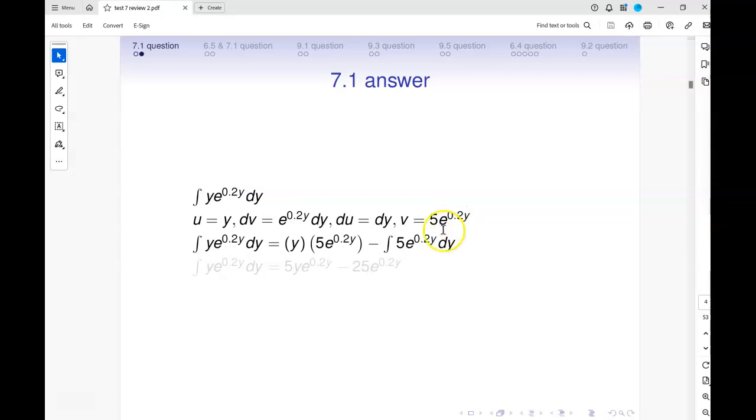So the nice part is when you plug in uv minus v du, if you pull that 5 out front, it's really the same thing as dv was, so you can use that work again. And there's your final.